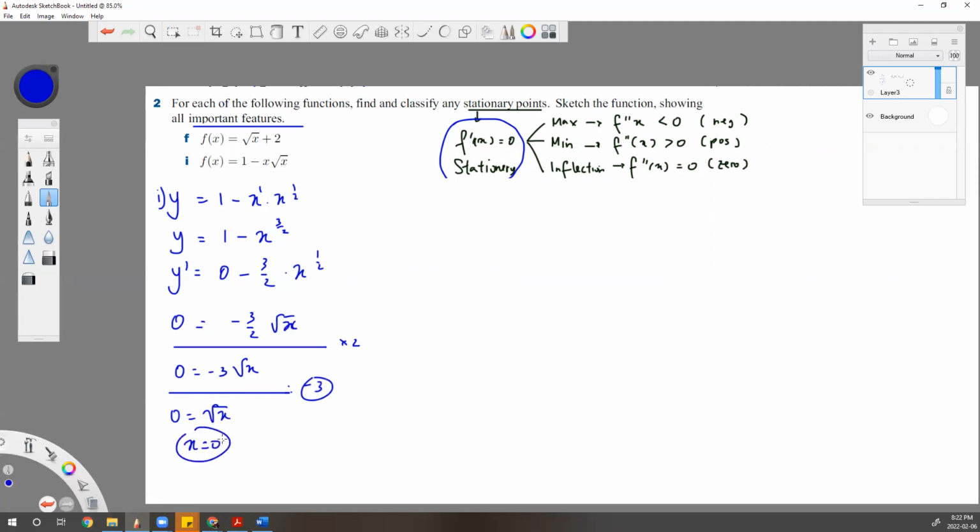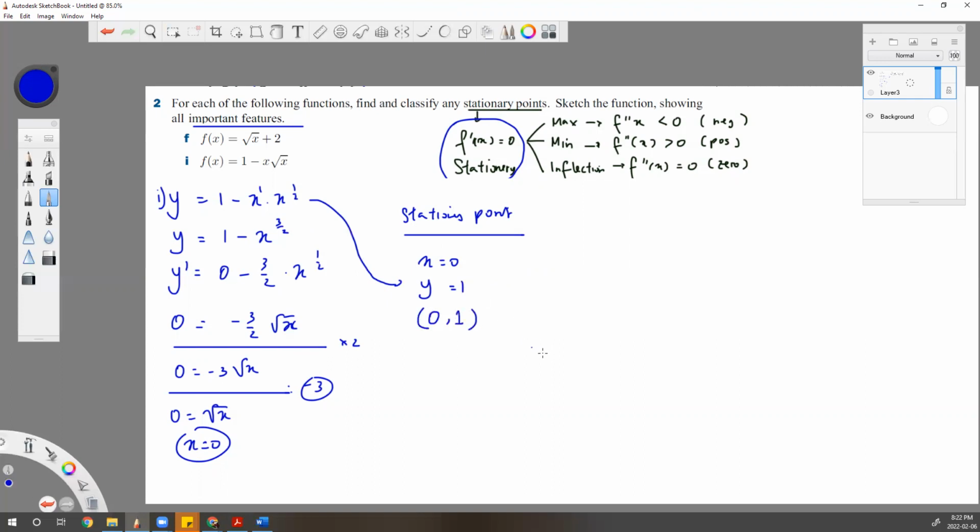This is the stationary x, a stationary point. The stationary point is where x equals 0, and then what is y? I just insert here: 1 minus 0 power 1 times 0 power half. So the stationary point is (0, 1).